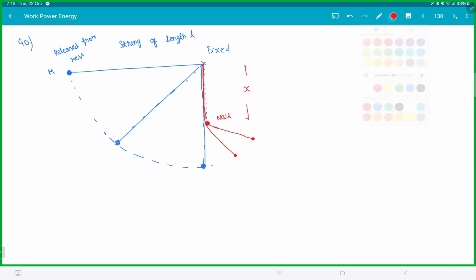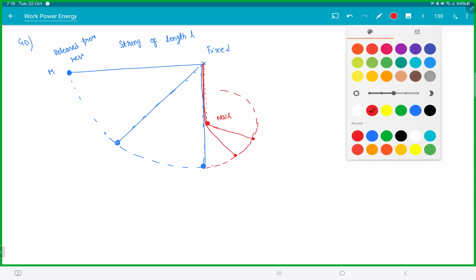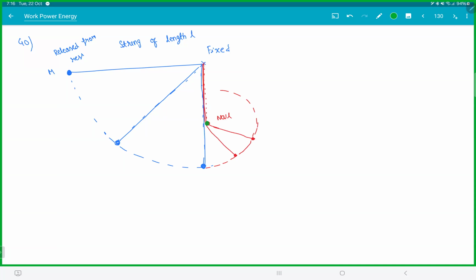You getting how is the motion? It goes like this. Are you able to visualize what is happening? Once it hits the nail, it starts going in a circle about the nail. That is your nail. This distance is your x.